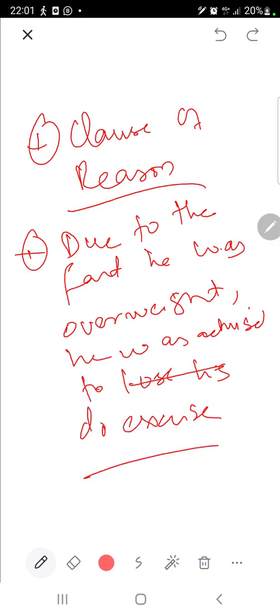Now you can see that this is the reason clause. We can also write, because he was overweight, he was advised to do exercise, and so on. So a variety of things can be written either in the clause of reason or in the clause of purpose, right? I hope these things are clear to you. If you want to ask any question, please feel free to ask me.